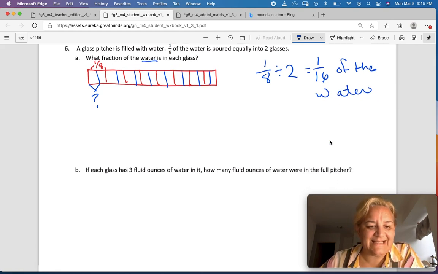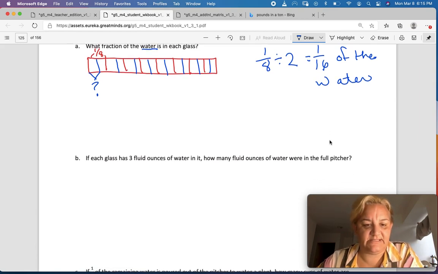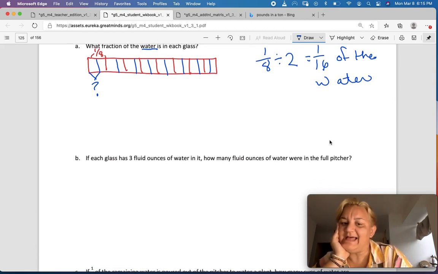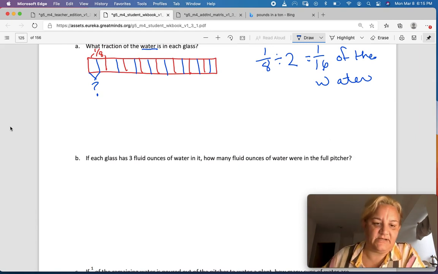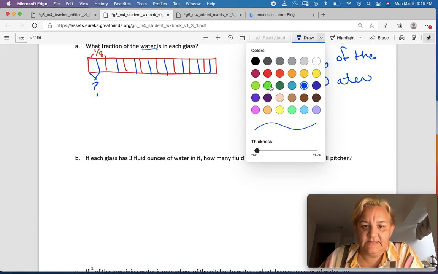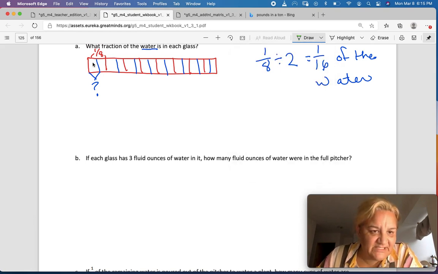If each glass has 3 fluid ounces of water in it, how many fluid ounces of water were in the full pitcher? Okay, so if each of these, I'm going to pick another color. How about this bright green? If each of these has 3 fluid ounces in it, how many fluid ounces of water were in the full pitcher?